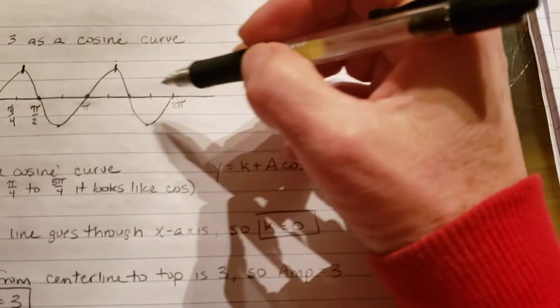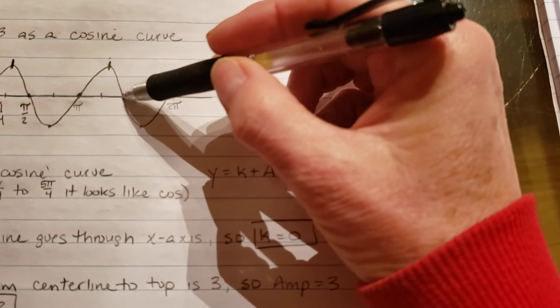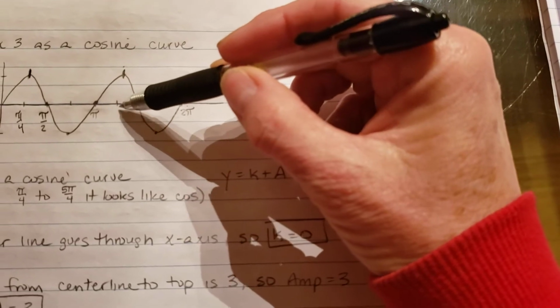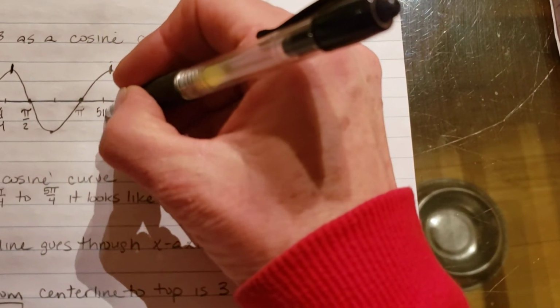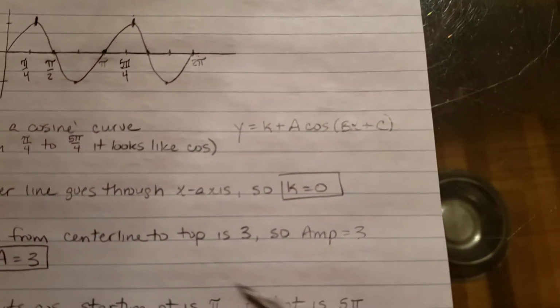If it goes out to 2 pi here, and this is pi, then this would be 3 pi halves. So each increment is pi fourths. So here this ending point will be at 5 pi fourths. This will be the ending point for one period of the graph.